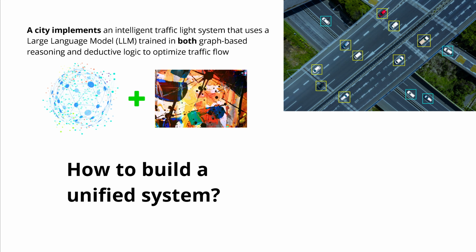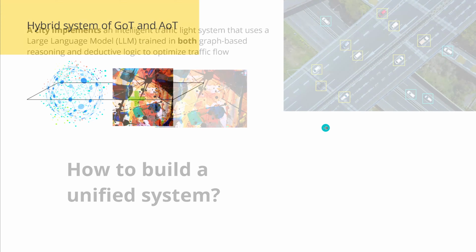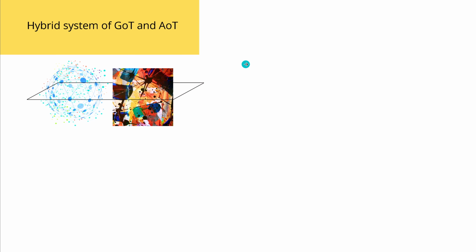So how do we build a unified system of graph and abstract logic intelligence? Now, easy, no? A hybrid system here of a graph of thought and an abstraction of thought, with an interconnected layer where we have the data transfer between those systems.